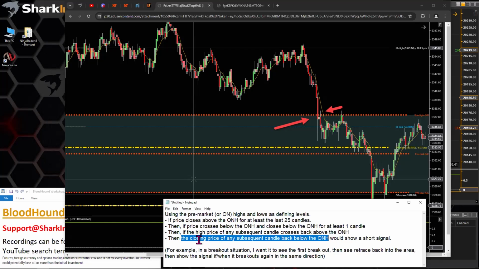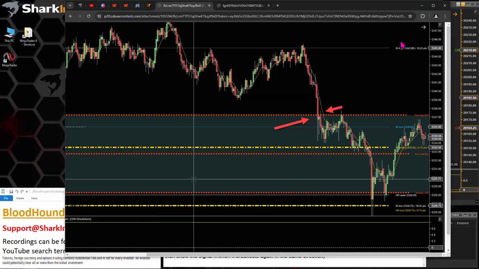So basically the closing price is inside the range there. And then it wants to see a short signal. So it sounds like this is basically trying to identify a failed secondary breakout of some kind of range there. So, all right, that's what we're going to build right now.